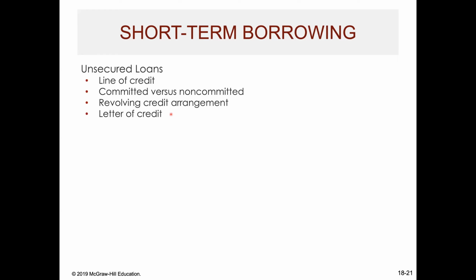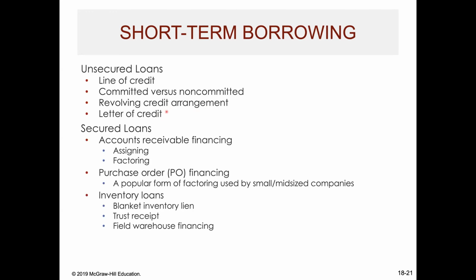And then letters of credit, those are typically used internationally, where an international bank might write a letter saying that an international company that's trying to do business in a country that is not their domestic country, that they're good for it. Basically, the letter of credit from their local bank will say, yeah, we'll make sure that they're good for it. We'll guarantee them.